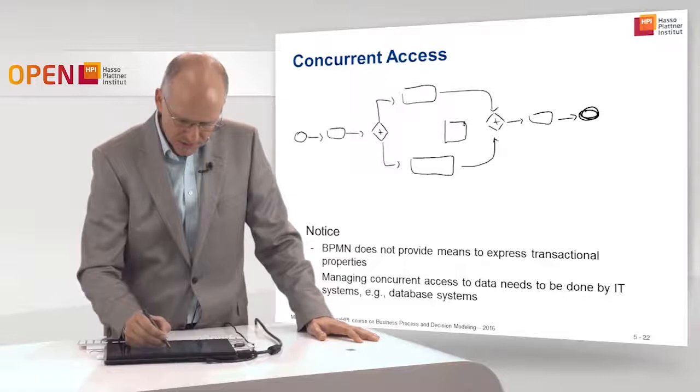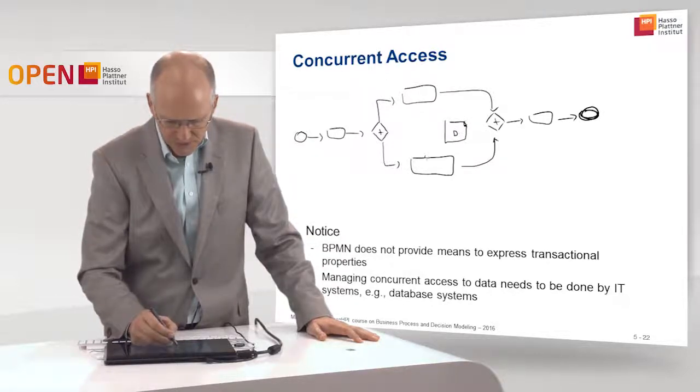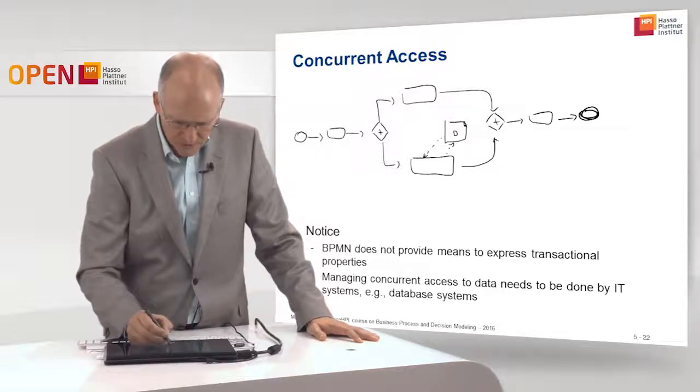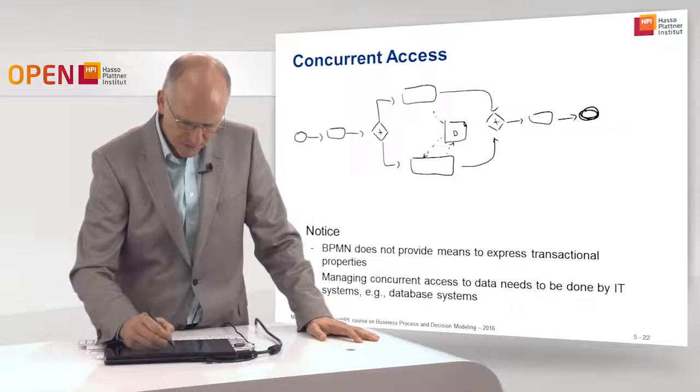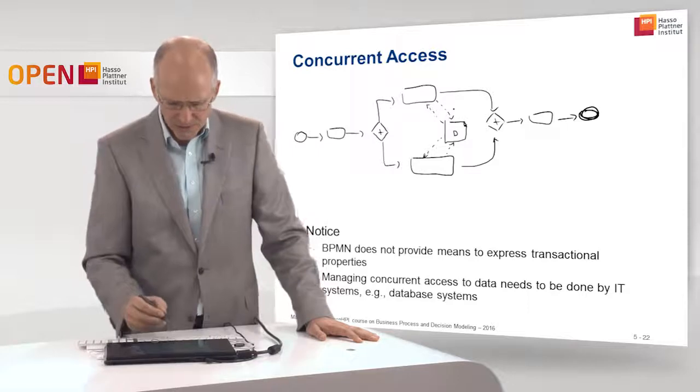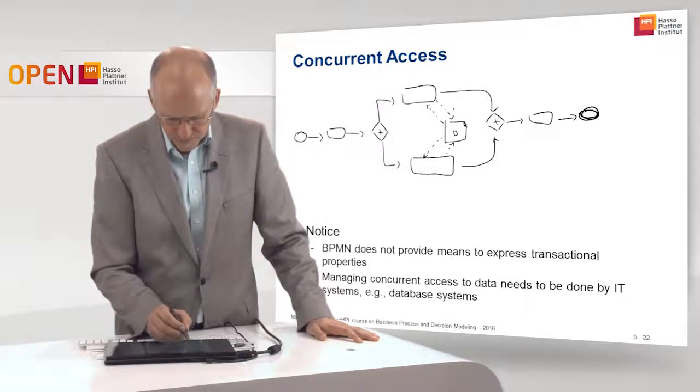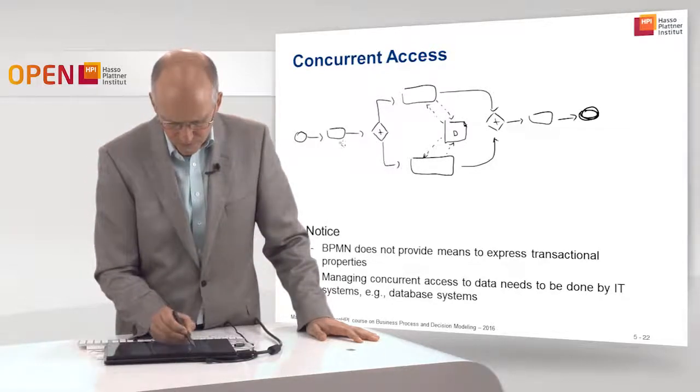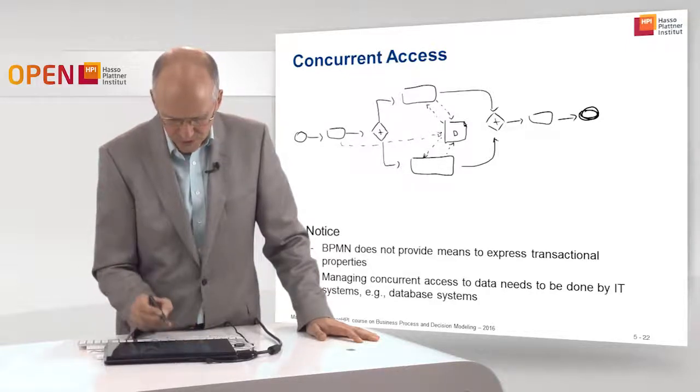So the data object, let's call it D, is read here, but also written here. And the data object can be written, let's put it like this, so that we don't need to discuss creation of the data object in the first place.